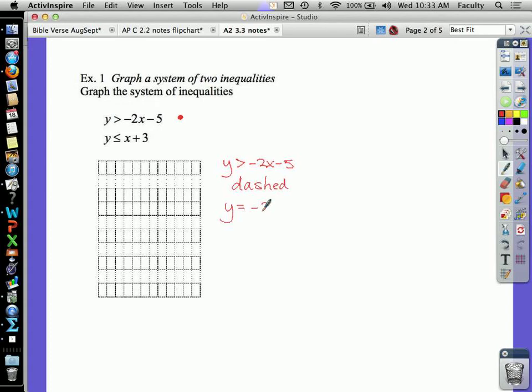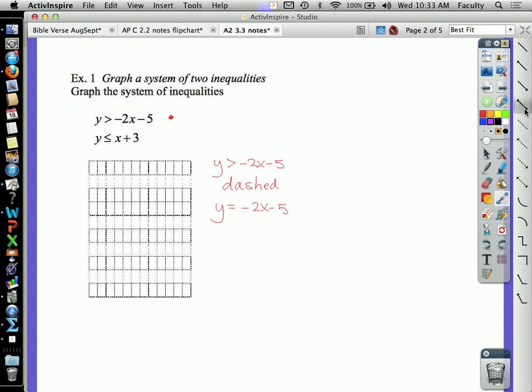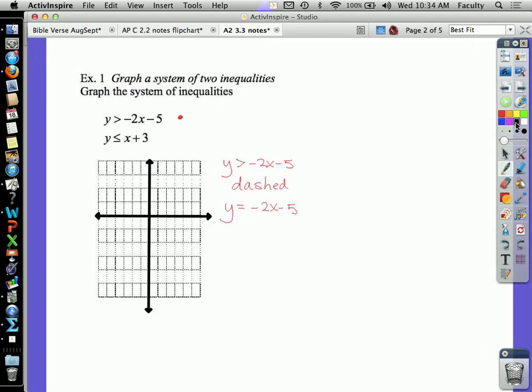Then you change it to an equal sign, graph the line, make sure you indicate a scale.